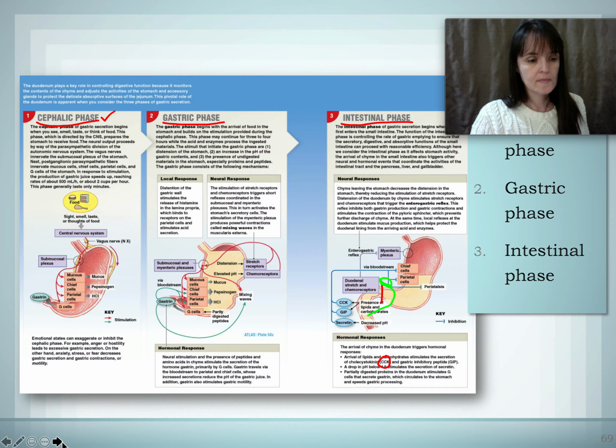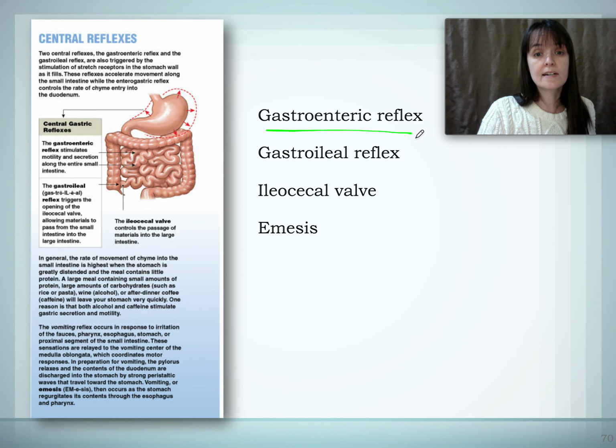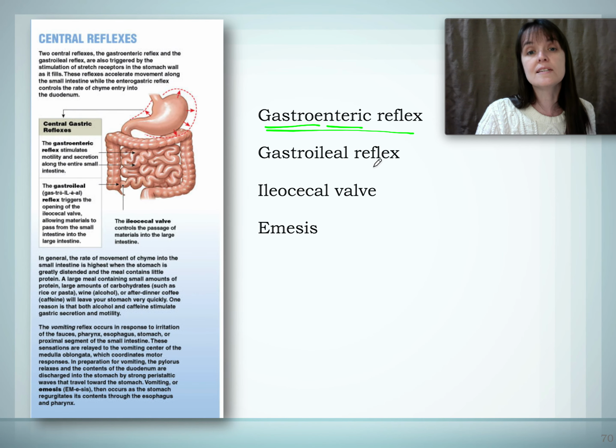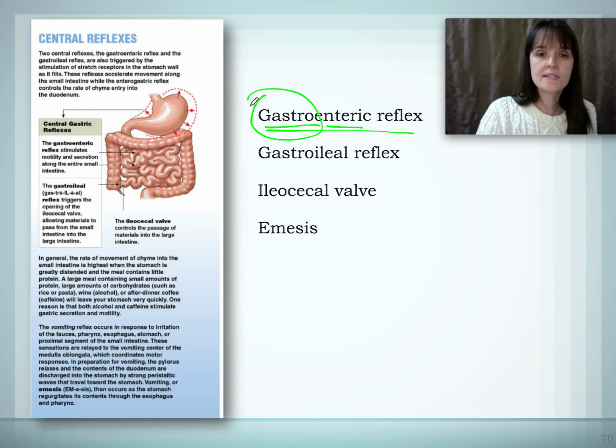Next, the gastroenteric reflex. Gastro is stomach, enteric are the intestines. So the food in the stomach increases motility and secretion in the small intestines. When you have food in the stomach, it tells the intestines, oh, hey, that partially digested food that you've been storing, time to get it out. So finish that process.